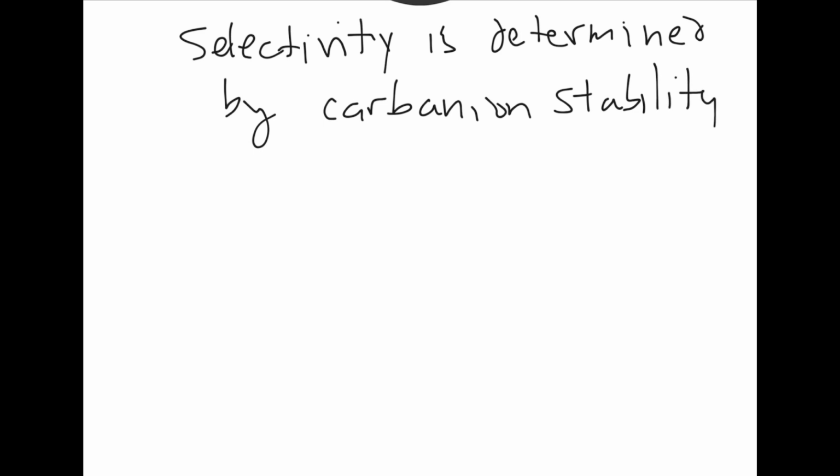Carbanion stability follows the exact opposite path as carbocation stability, which makes sense because they are the exact opposite thing.